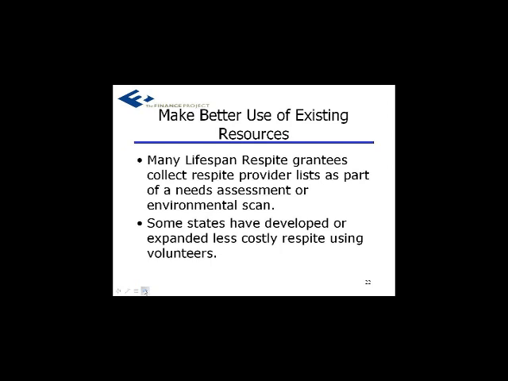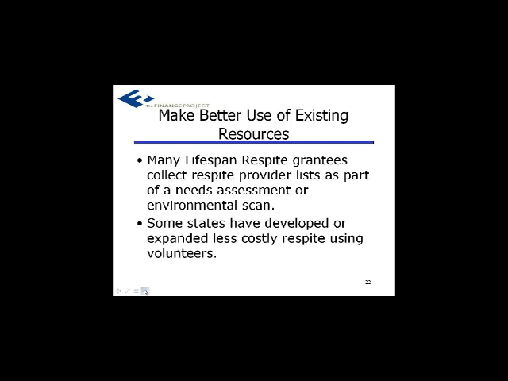Some states have been able to develop or expand less costly respite by using volunteers instead of certified staff. Again, understanding that these examples, because of policy and legislative differences across the states, may not work for everyone.